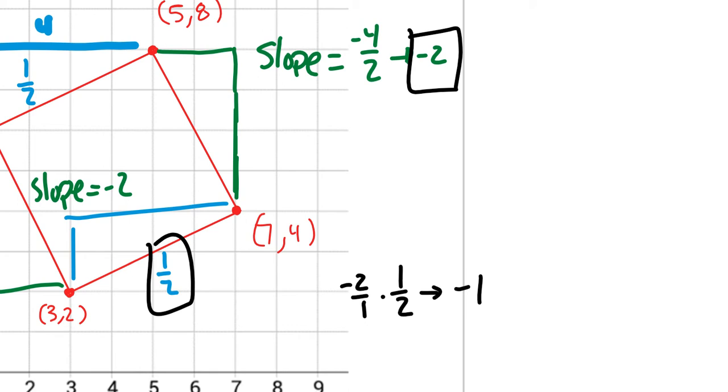Anytime you multiply the slopes of two segments and get a product of negative 1, those lines end up being perpendicular.